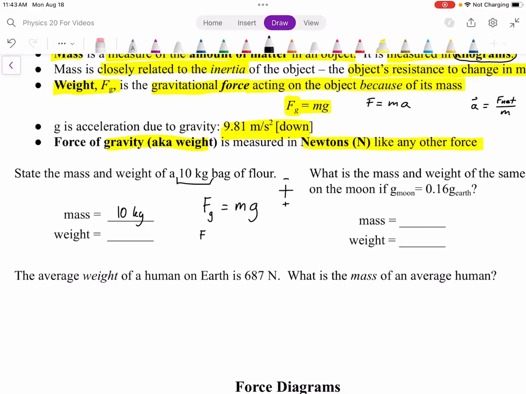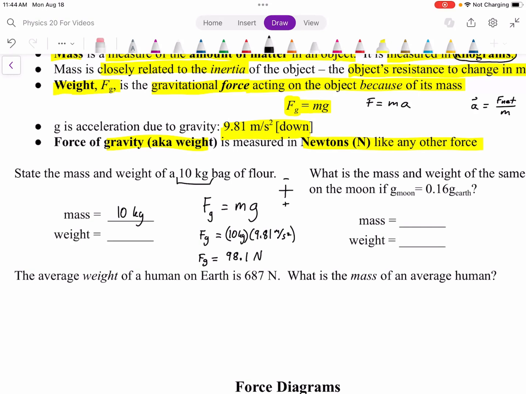Well, that means that the force of gravity will be its mass, 10 kilograms, times the acceleration due to gravity, so 9.81 meters per second squared. And therefore, the force of gravity, the weight of this flour, the force it's feeling because of gravity, is going to be 98.1 kilogram meters per second squared, but that's a newton, right?